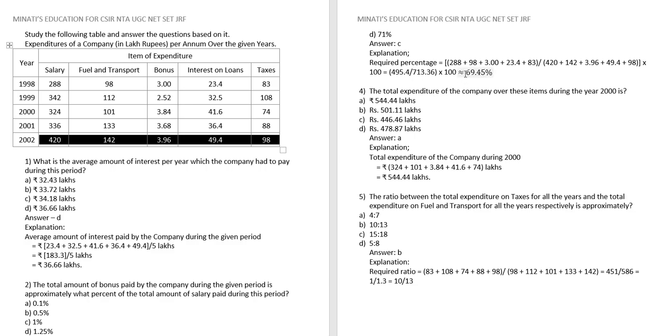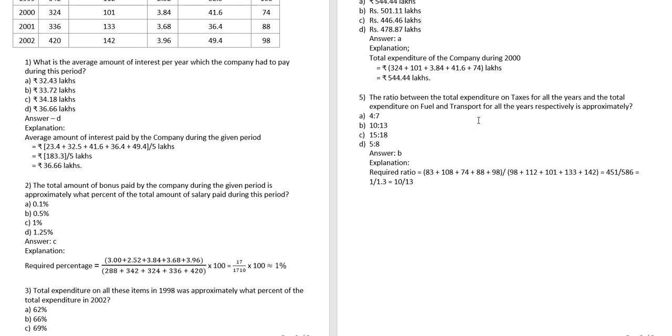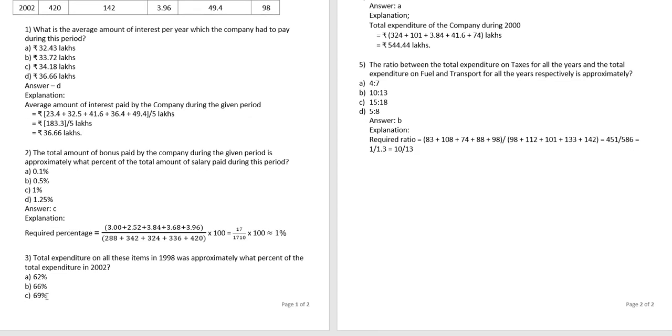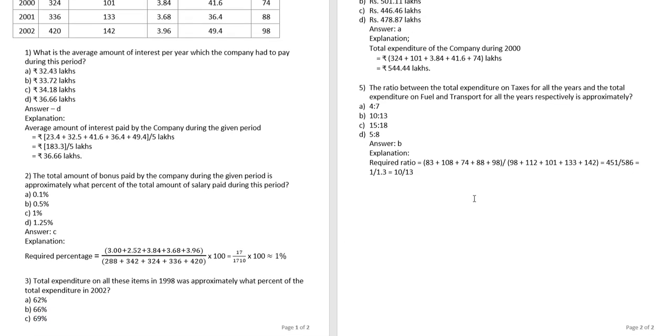That comes to approximately 69.45%. So that is 69%, option C will be the answer.